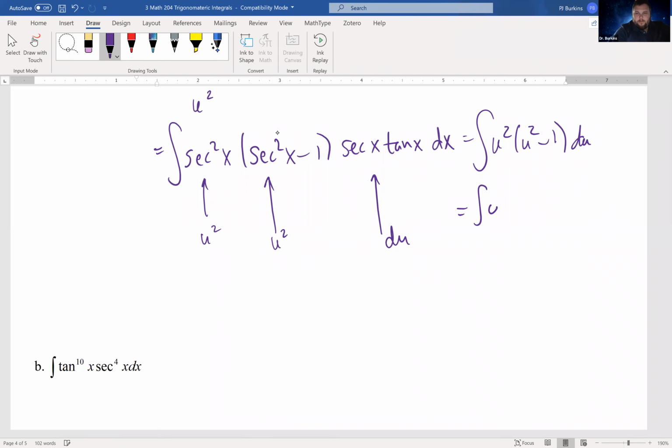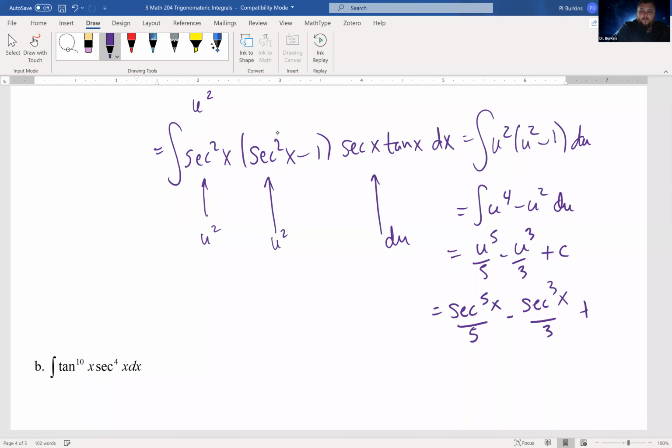So this would be u to the 4th minus u squared. Integrating those, you just get u to the 5th over 5, u cubed over 3, plus a constant. And the very last thing is to replace u. So we let secant equal u. So our final answer is secant to the 5th over 5 minus secant cubed over 3 plus a constant.